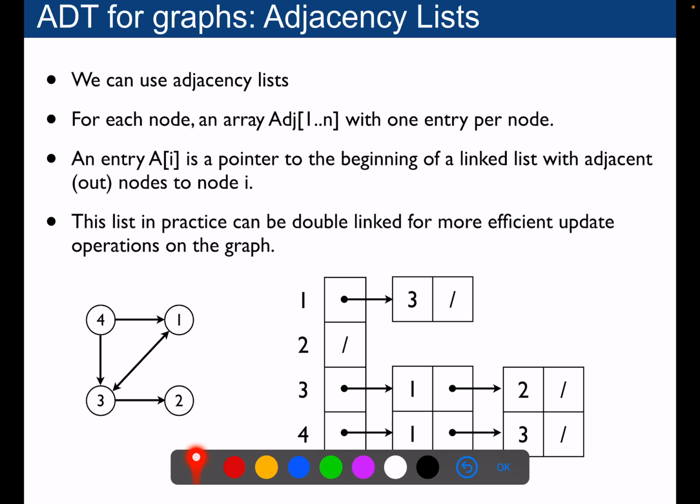And therefore, you have a linked list that says 3 has 2 neighbors, first 1 and then 2, okay? The order that you will see here is completely arbitrary, right? It doesn't matter. It just allows you to iterate over all the adjacent nodes of a given node. You can implement that with a doubly linked list or a simple linked list. Anyway, whatever you want to use as a collection is good in the adjacency list.